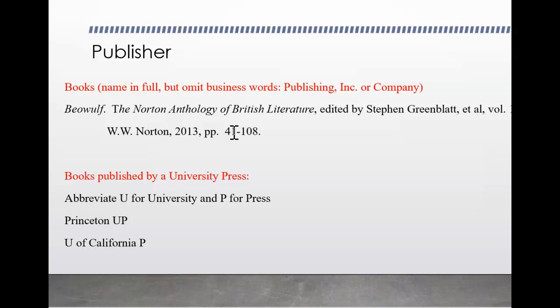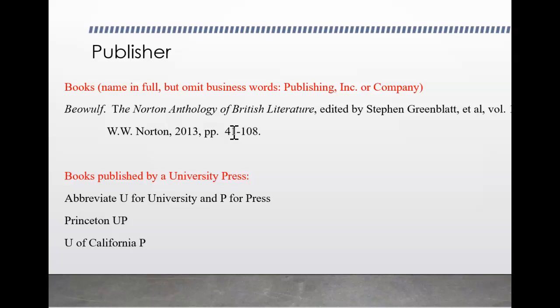For books that are published by a university press, the words university and press are abbreviated. U for university, P for press, in whatever form they occur. So Princeton University Press would appear as Princeton UP. The University of California Press would be U of California P. You'll see the U of North Carolina P or the U of Virginia P. So this is very, very common.